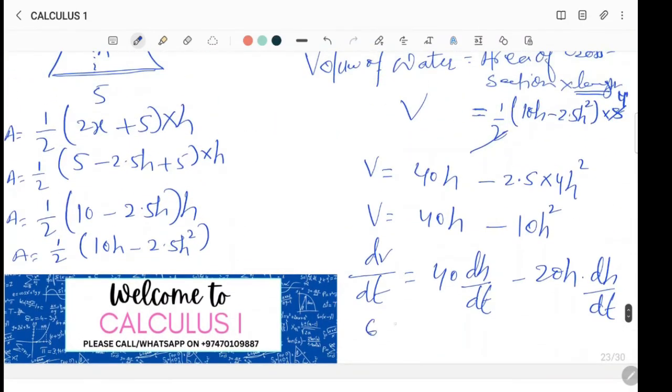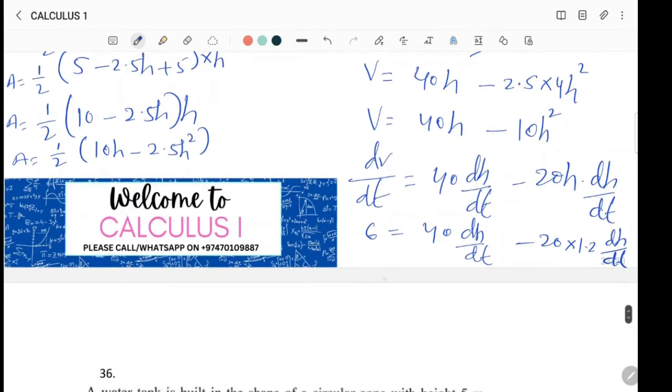So 6 equals 40 dh over dt minus 20 times height 1.2 times dh over dt, right? So 6 equals 40 minus, can we calculate? 40 minus 20 times 1.2.